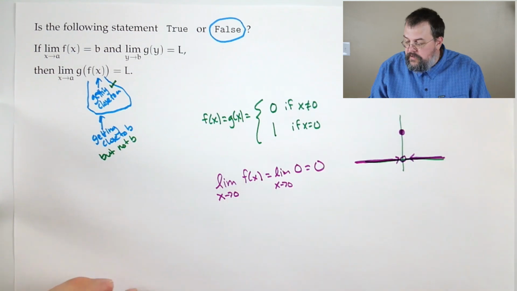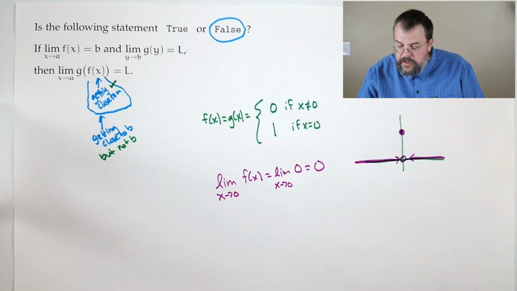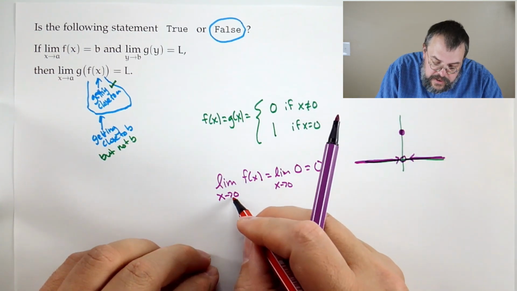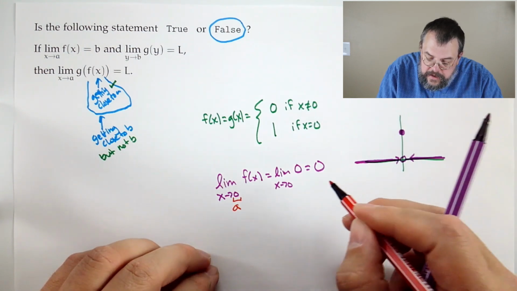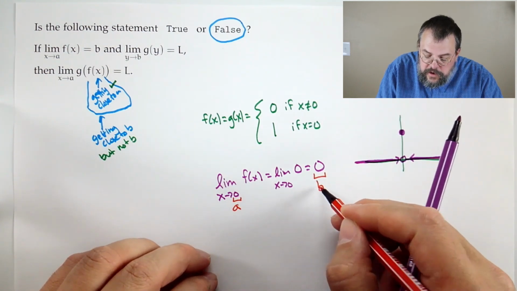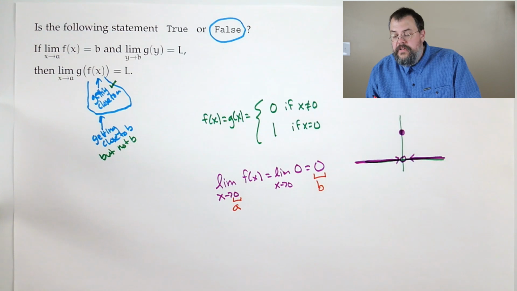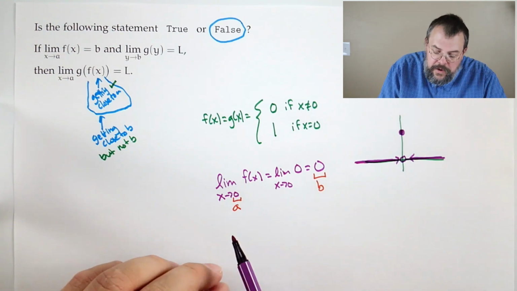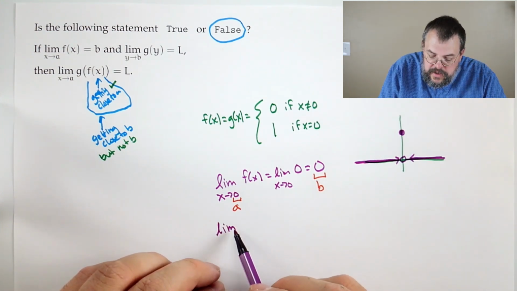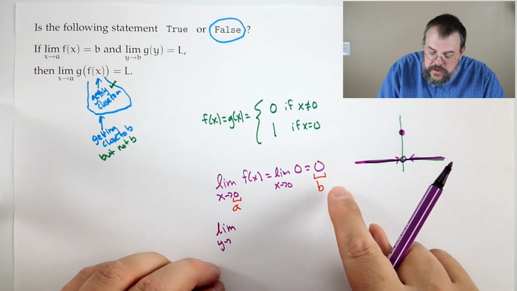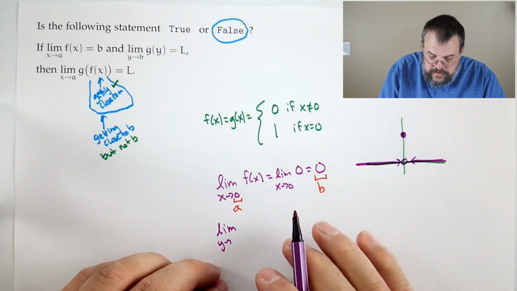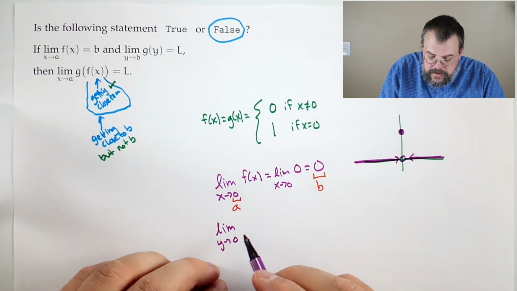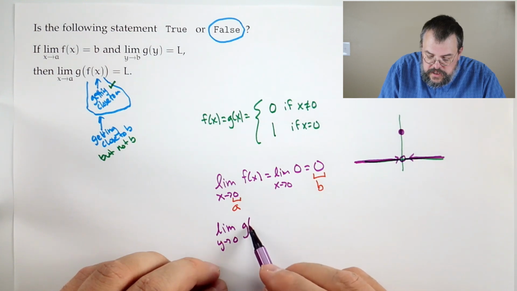We've identified things. So let me be really clear here. This part right here is our A, and now this is our B. So what's the limit as y goes to 0, because that's our b, of g of y?